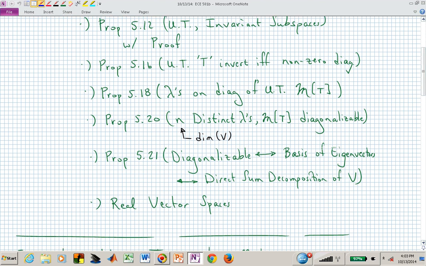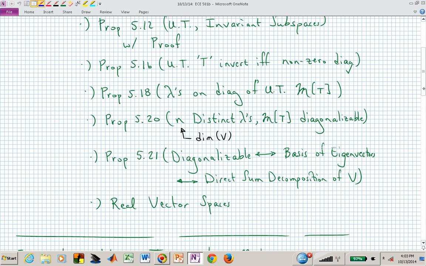Proposition 21 starts equating these different properties. Our matrix is diagonalizable if and only if we have a basis of eigenvectors. And if we have a basis of eigenvectors, we can use those actually in a direct sum decomposition of our underlying vector space V. Those are properties then of the preceding results in chapter 5.